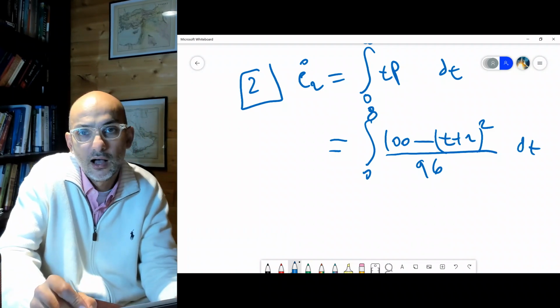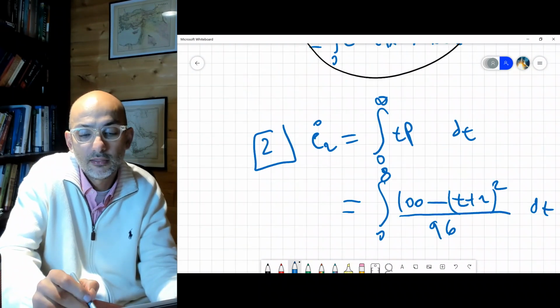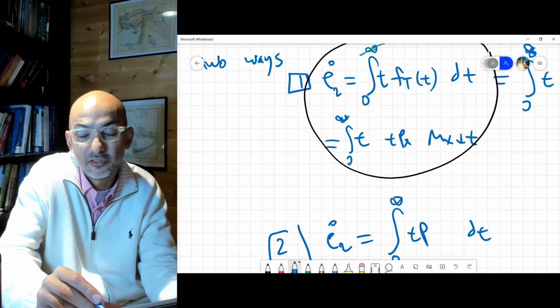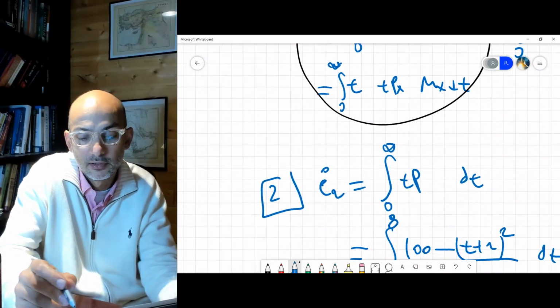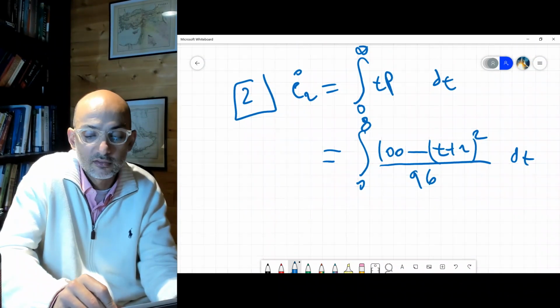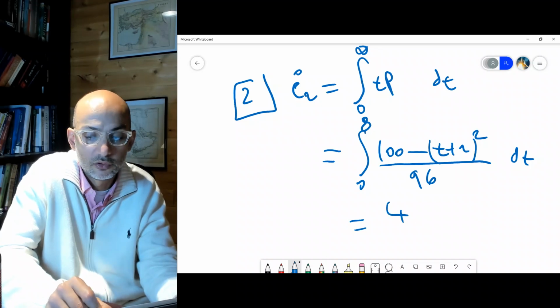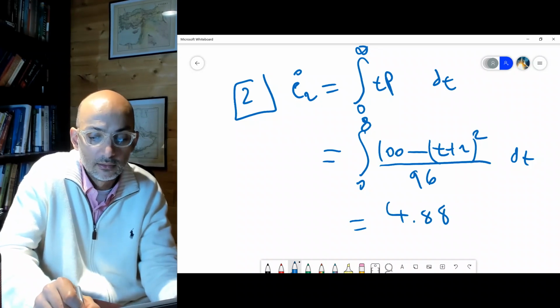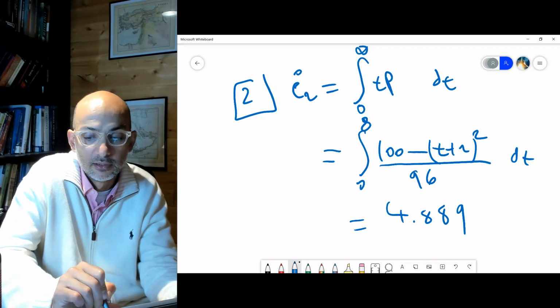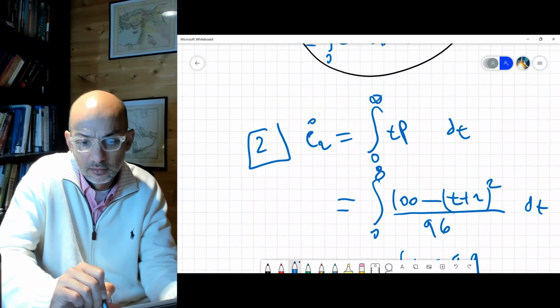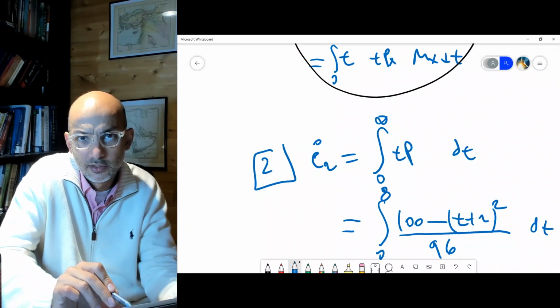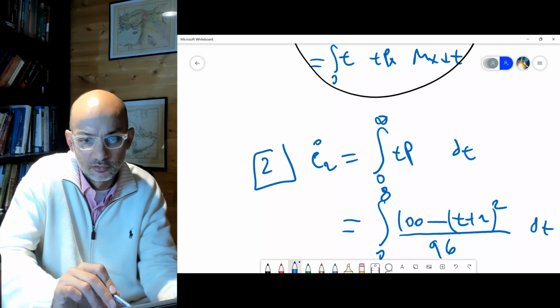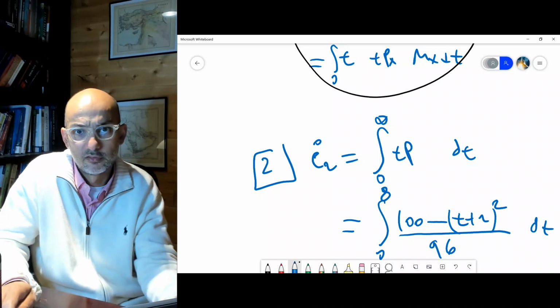It's not really hard to integrate this one, but I think that the first one, for this specific example, is easier. It should give you exactly the same answer, which is 4.889, right? The choice between both of them is which one saves you time, which one is easier to do. But both should give you the same answer.